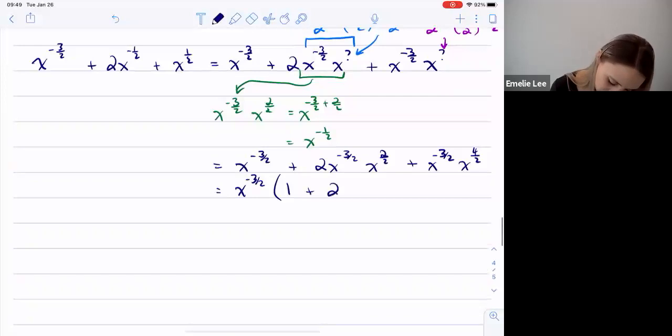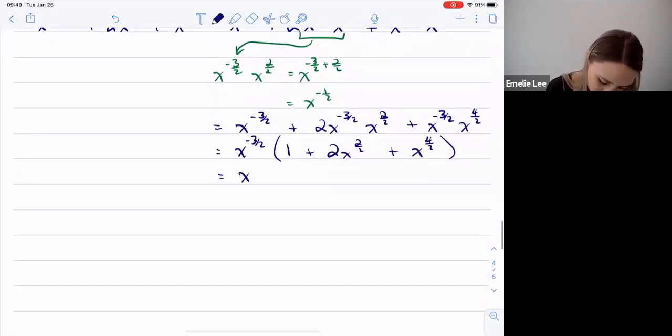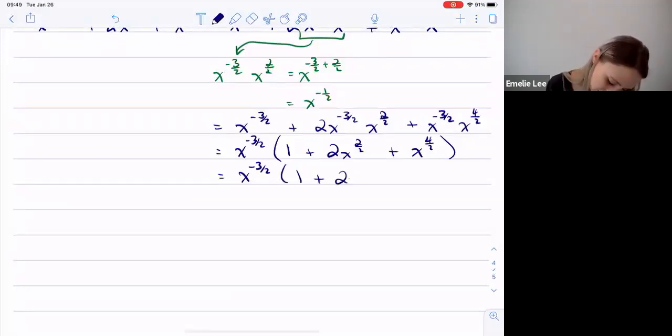And then plus 2 times x to the 2 over 2 plus x to the 4 over 2. Okay. Just going through and seeing what I need to multiply x to the negative 3 over 2 by to get to each of these terms. Now, of course, I can simplify 2 over 2 to be a power of 1 and 4 over 2 to be a power of 2. But I like to see those fractions before. X to the negative 3 over 2 times 1 plus 2x plus x squared.